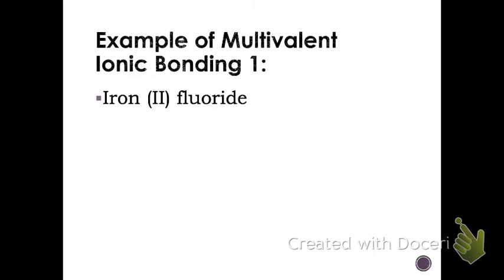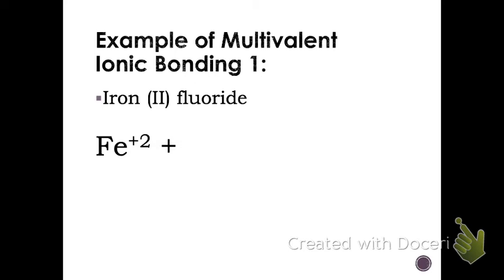So here's our first example, and we're given the name, iron 2 fluoride. What this 2 means, this is the Roman numeral 2, it means that the charge on the iron is +2. Okay, so this is iron with a +2 charge. So it's iron 2 fluoride.